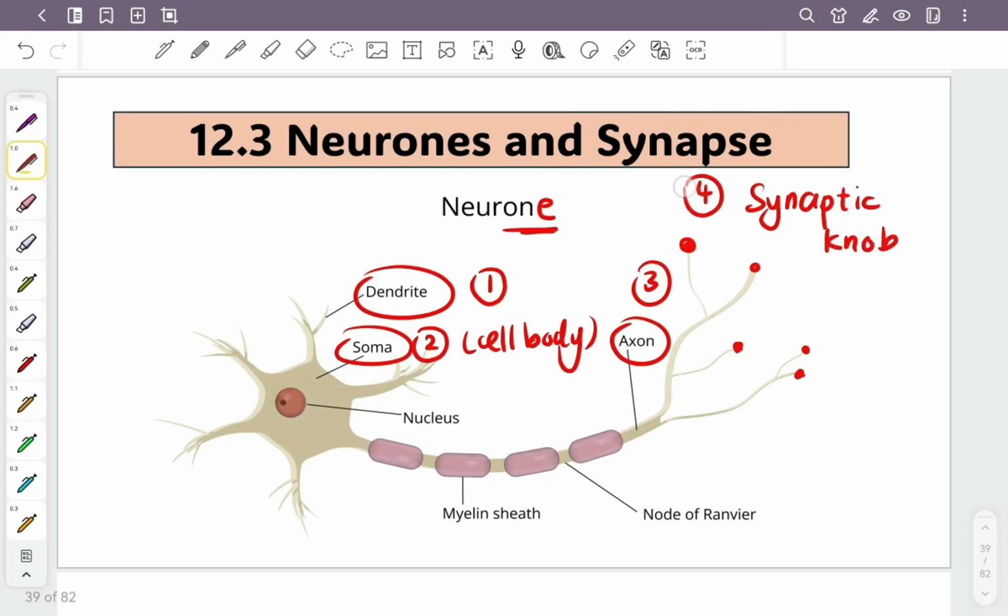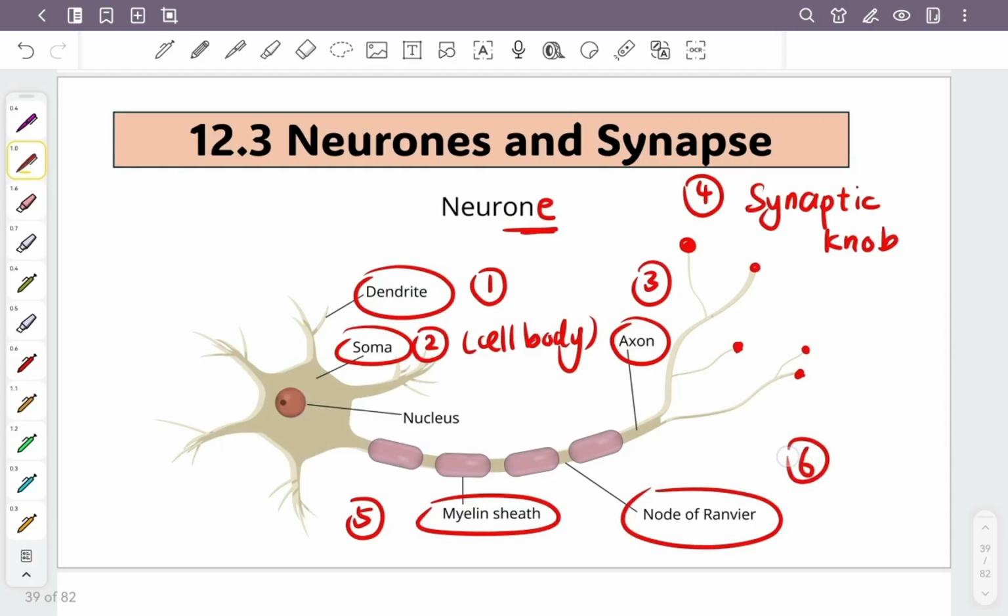Okay, the fourth thing that you need to know. Then you have this fifth one, the myelin sheath. It's a layer of material covering the axon, but later we are going to see them one by one. And also the nodes of Ranvier. So these six things you must remember, okay? So dendrite, soma or cell body, then you have axon, synaptic knot, myelin sheath, and nodes of Ranvier. Okay?